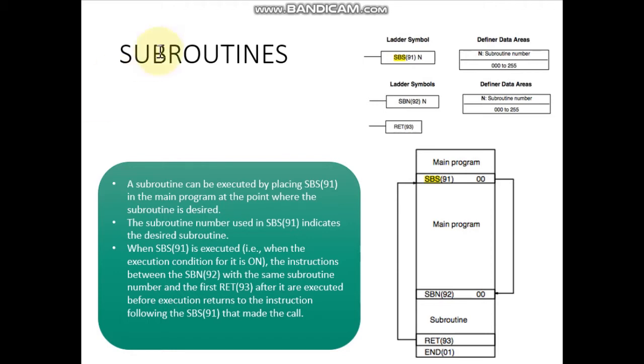The ladder symbol SBS must be immediately followed by the data area, the subroutine number, from 000 to 255, which means you can have a maximum of 256 subroutines in a program.